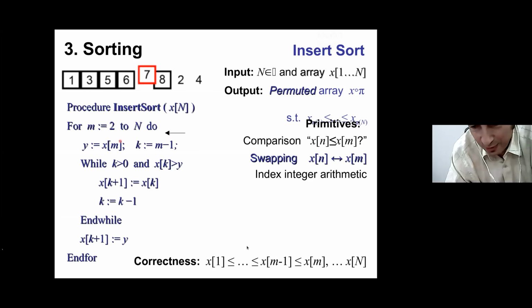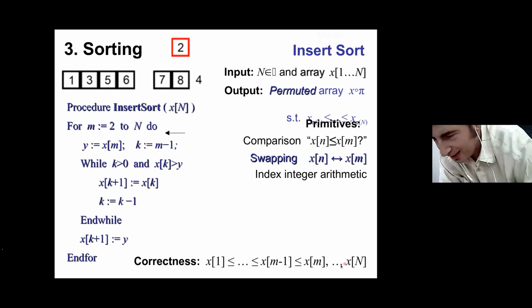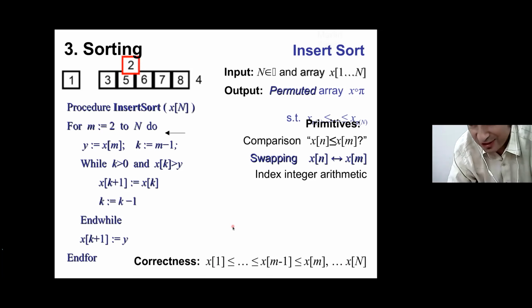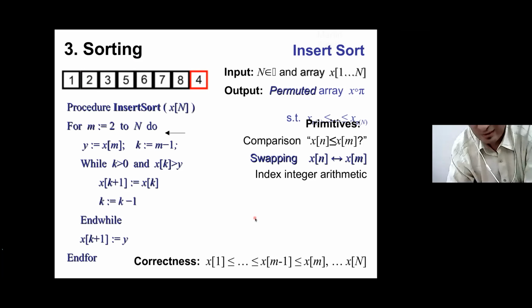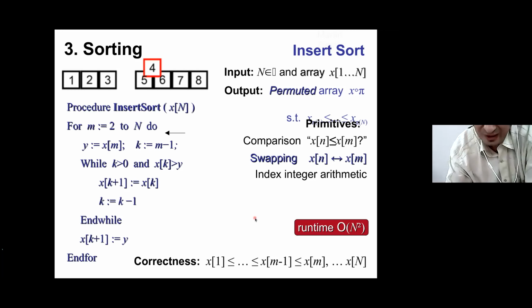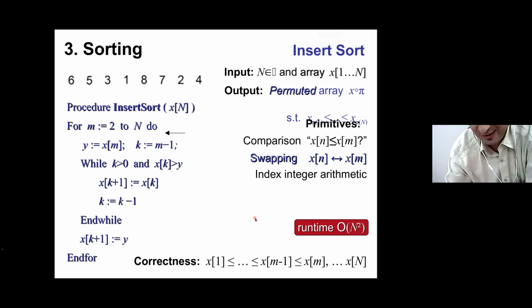So after this iteration for m is done, the first m elements are sorted, and then you have some remaining other elements. But when you move m from 2 to n increasingly, at the end all the elements will be sorted. Okay, it's not difficult to see that this is correct.